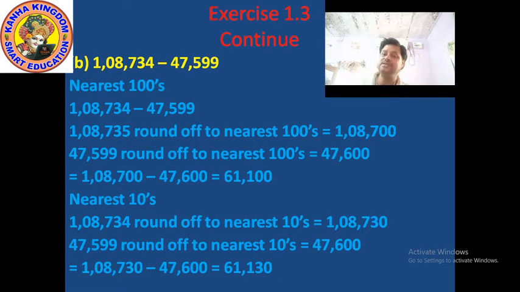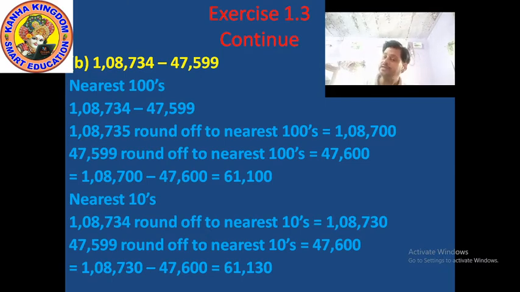If the tens place is less than 5, you have to convert the tens place and ones place into 0, and nothing you have to change in the 100 place. After that, whatever the digit in the 1000 place, 10,000 place and lakh place, nothing you have to change.